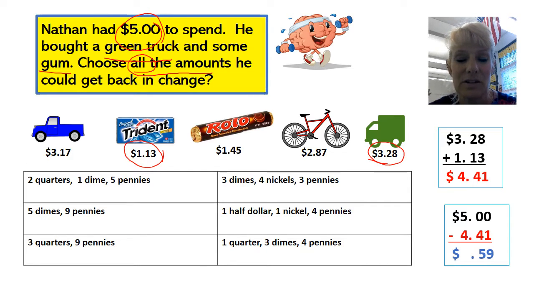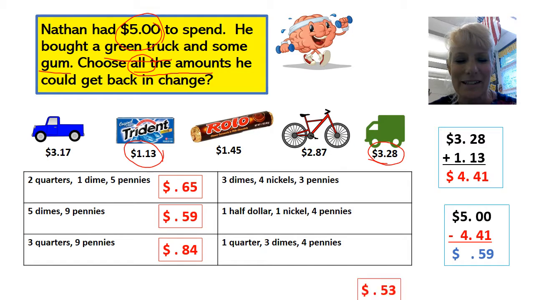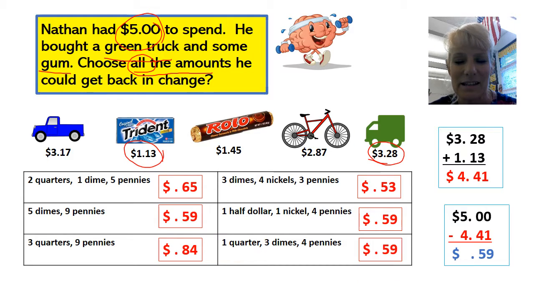So now I'm going to have to go up and look for each. I have 65 cents, I have 59 cents, I have 84 cents, I have 53 cents, I have 59 cents, and I have 59 cents. So right here, this one, and this one are all the different ways that we could make the change for 59 cents. How'd you do on that one?